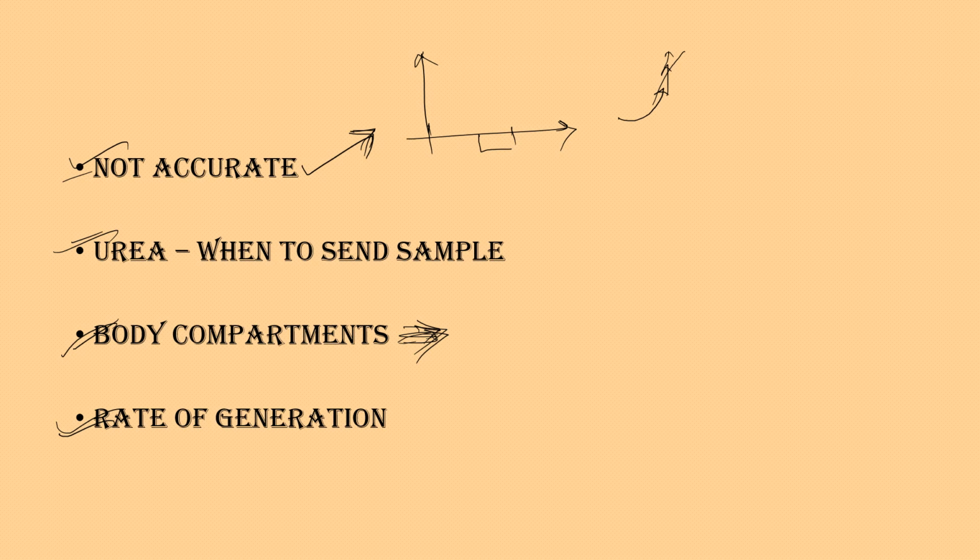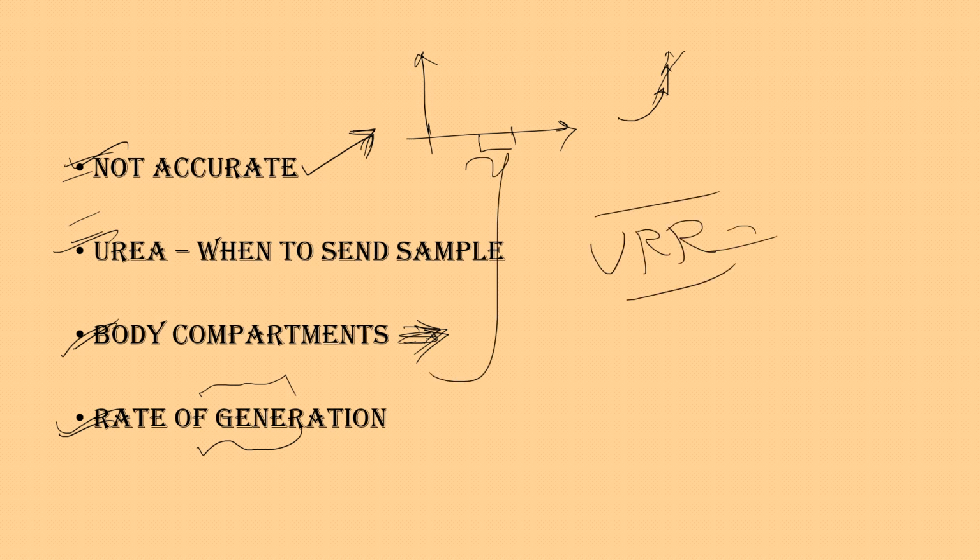These many parameters affect this value, and since it is not taking any of this into consideration, it has a disadvantage with respect to calculating the clearance or adequacy. For adequacy, that is why we are using some other newer formula, Kt/V, that we will discuss in some other video.